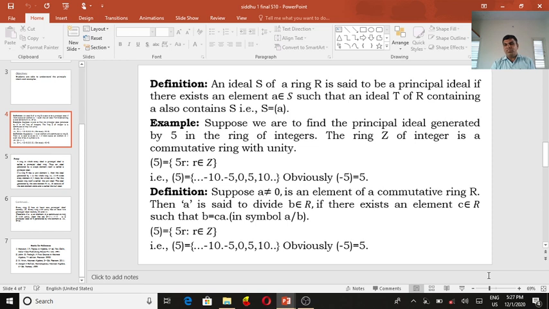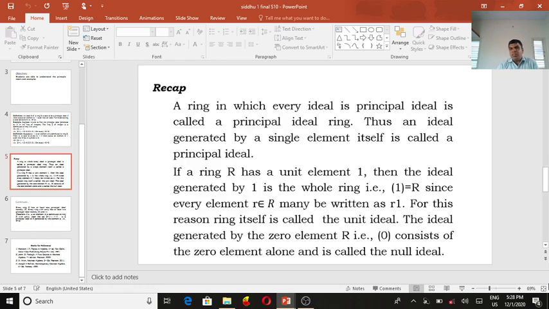The definition: if a is not equal to 0 and a is an element of a commutative ring R, then a is said to divide b, where b belongs to R, if there exists an element c belonging to R such that b equals ac. Now a ring in which every ideal is a principal ideal is called a principal ideal ring.